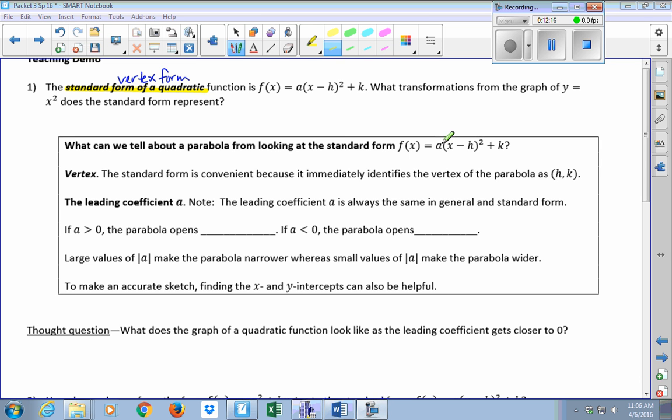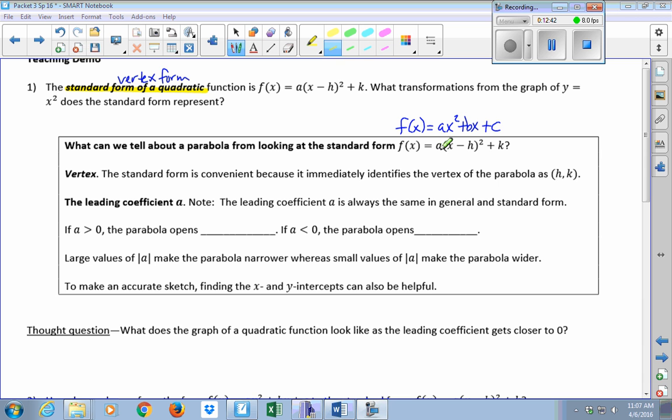Now, what's really an interesting point to notice is whether you have this form or you have the polynomial form like this. Notice, if they were going to give you these two forms, and the a in the polynomial form and the a in the vertex or standard form were different, they'd have to use a different letter here because people would get totally screwed up.